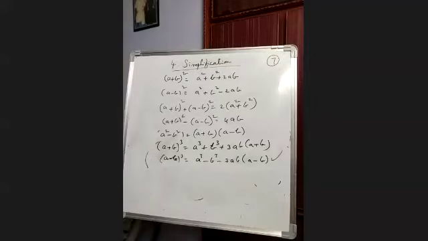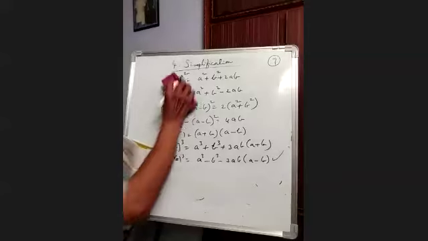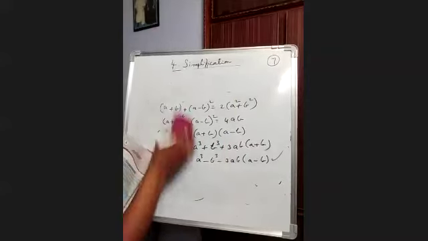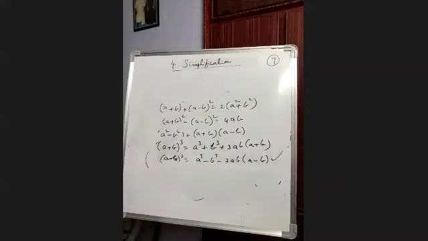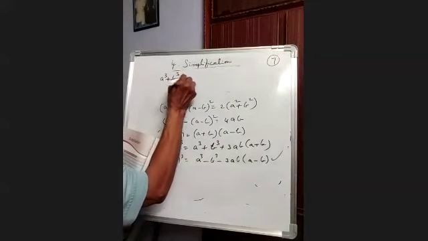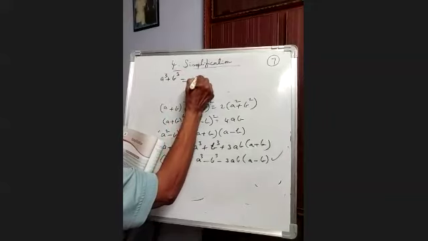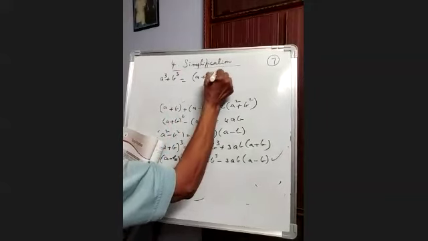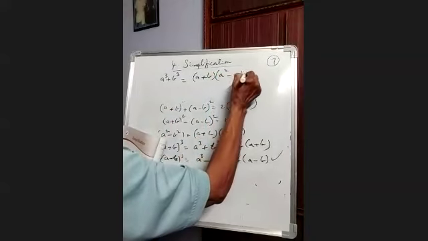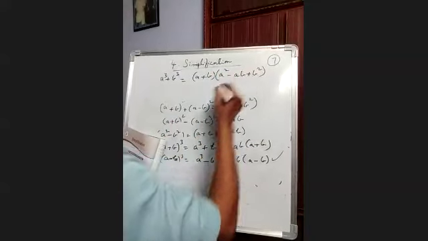Next thing. A cube plus B cube is equal to A plus B into A square minus AB plus B square.